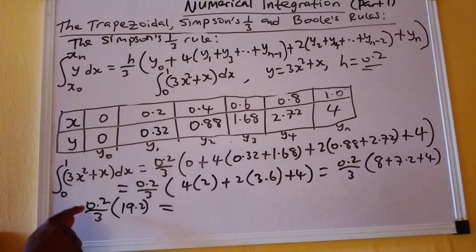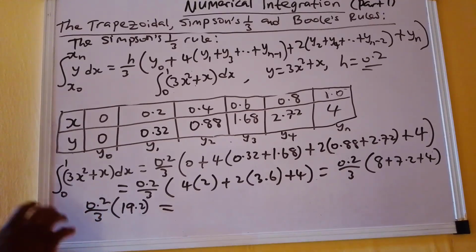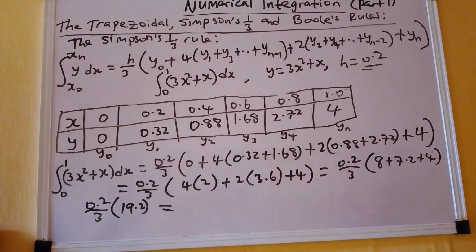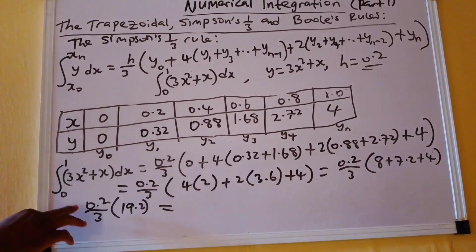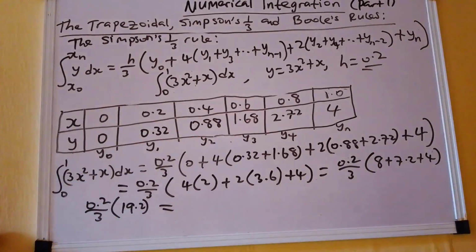You say 0.2 divided by 3 using your calculator, and it will give you the answer. If it takes up to 10 or 40 decimal places, you leave it like that. Then you say times 19.2. Instead, if I write 0.06666 up to maybe 5 decimal places, I will commit what we call inherent error, and it will affect the answer.